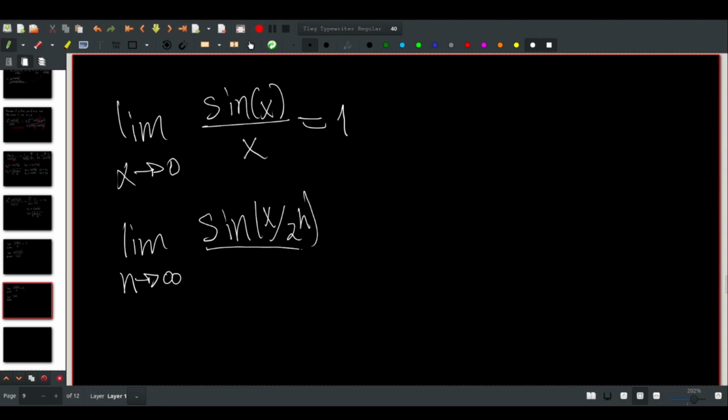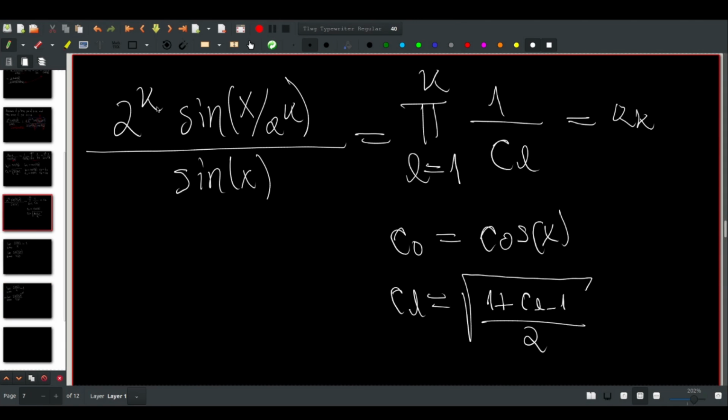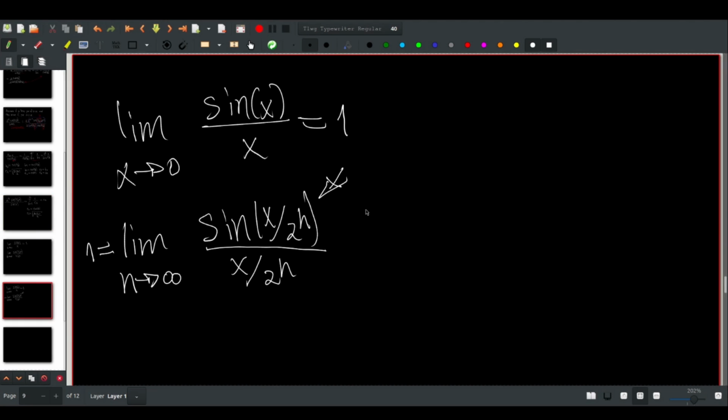The argument is going to 0 as n goes to infinity, so this limit is not different than this limit. So this is still 1. So 1 is equal to this. But now we can plug in our formula for this guy. Our formula for this is whatever the 2 to the power is, I'm going to get this product of c_l's up to that point. So perfect, what we do is we evaluate.